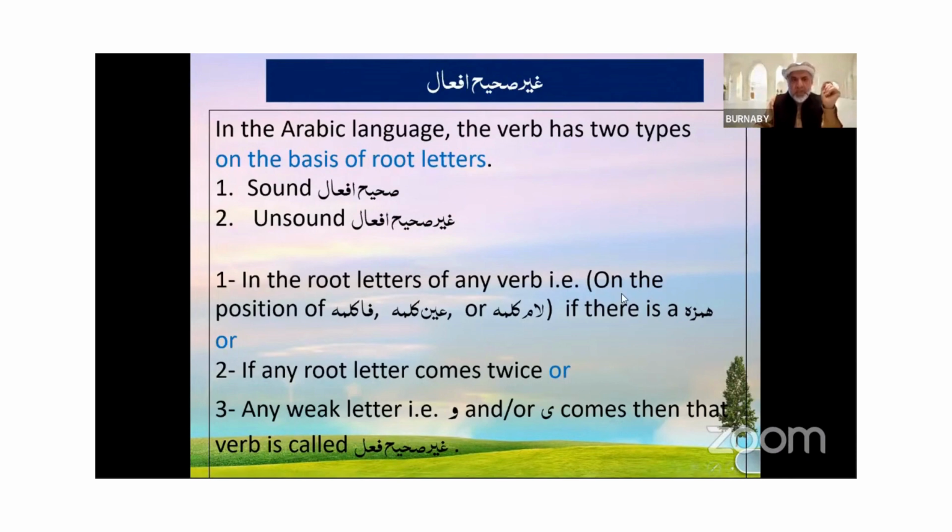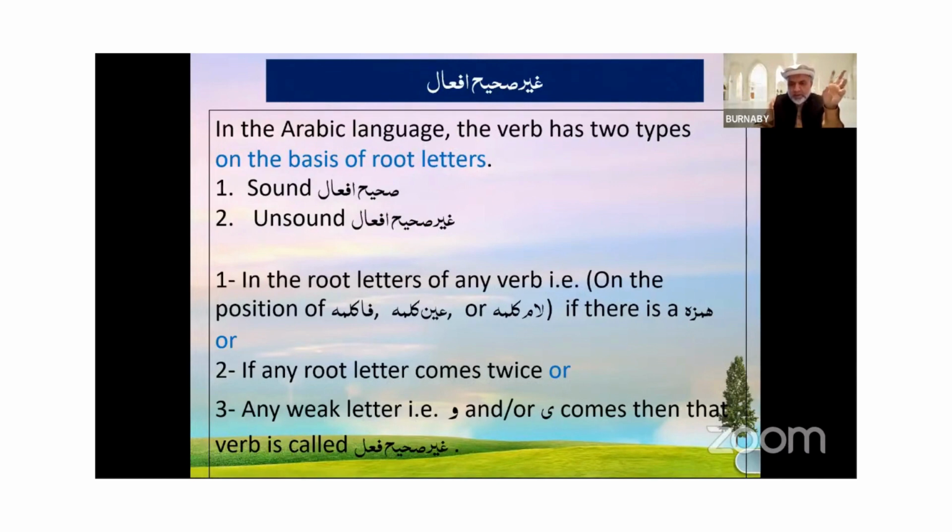Okay. So on the basis of the root letters, we call them sound verbs or unsound verbs, sahih afal or ghair sahih afal. In the root letters of any verb, on the position of fa kalima, ain kalima, or lam kalima, if there is a Hamza, we know that it is a weak verb.